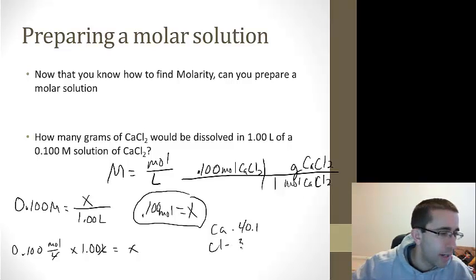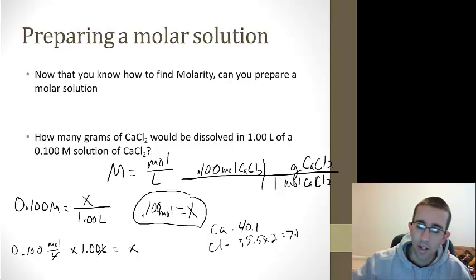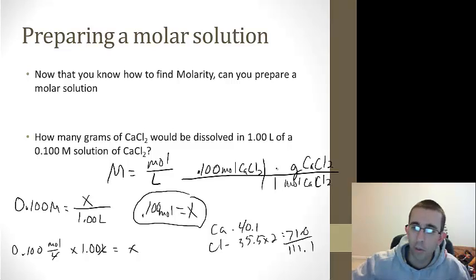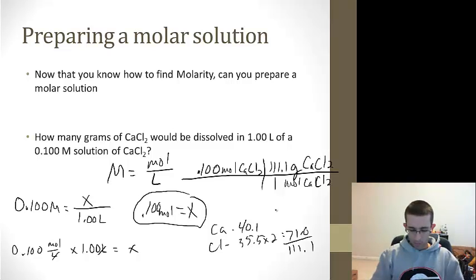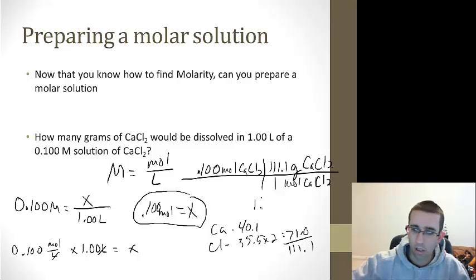For chlorine, your mass is 35.5, and there's 2 of them, which gives you 71. Add them up, and you get 111.1. We're going to multiply on top, divide on bottom. So I got 0.1 times 111.1, and you get 11.1 grams of calcium chloride. I'm putting it down here because I ran out of room.